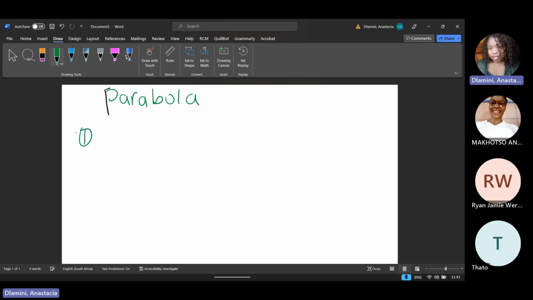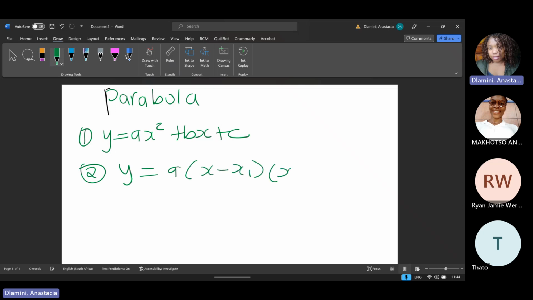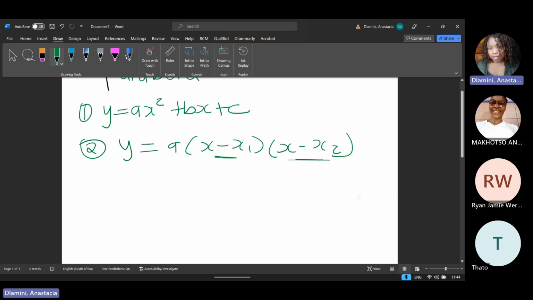The first one is called the standard form, which is y equals ax squared plus bx plus c. The second one is when you actually factorize the standard form, so this is y equals a(x minus x1)(x minus x2). Here, these are just the x-intercepts.